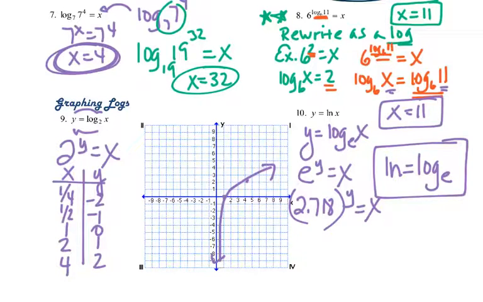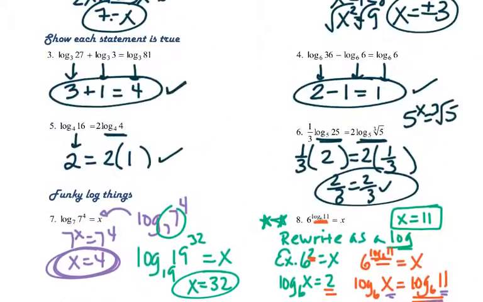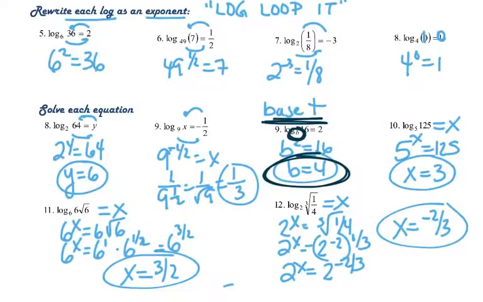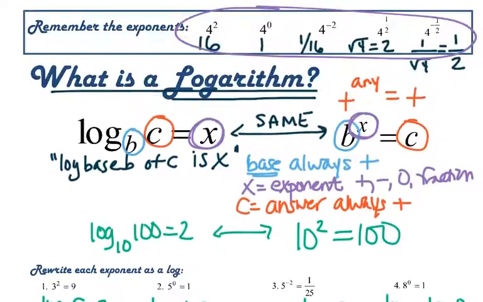And that would generate a lot of decimals if I did a t-table, but it would definitely go through the 0, 1, right, because e to the 0 power is 1. And then this is just going to be slightly steeper than the log graph. And we're not even going to be really picky about getting that right. Like, we're really going to look at that ordered pair 0, 1. So we'll circle back a little bit more to the logs later, but that is logs and more stuff on logs.